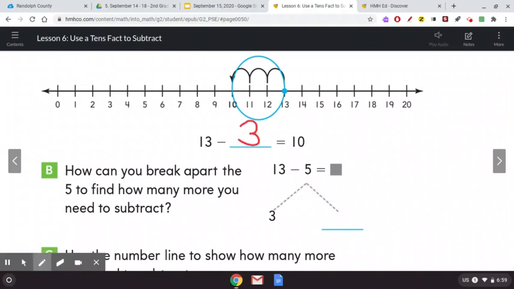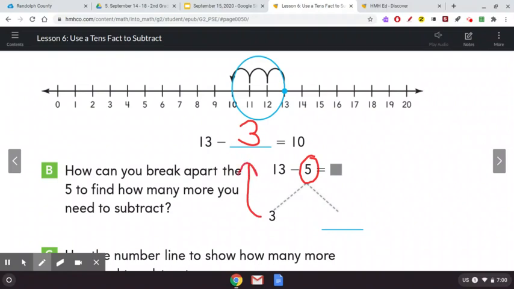Now, B says, how can you break apart the 5 to find how many more you need to subtract? Okay, so this is the part that gets a little tricky. So remember, in our original problem, it said we're missing 5 pretzels because they ate 5. So we chose the 3 because the 3 gets us to 10.